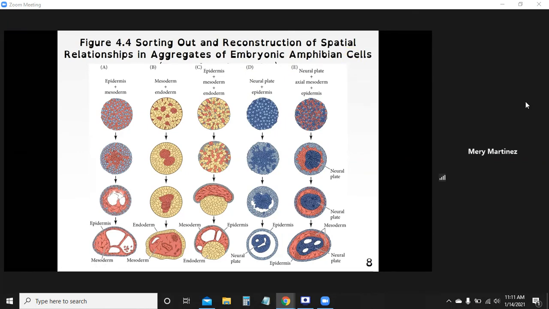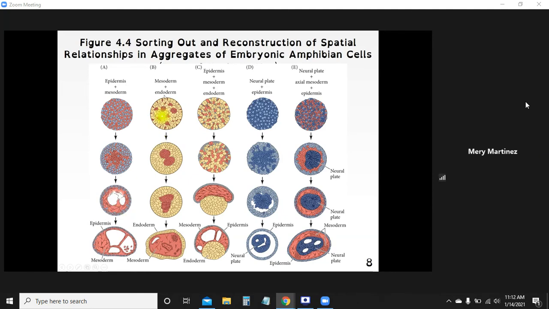Mesoderm normally migrates centrally with respect to the epidermis, and the epidermis is ectoderm. That's what we see here in A: they aggregated them and they resorted, and the ectodermal cells ended up outside, becoming the epidermis, and the mesoderm went inside.